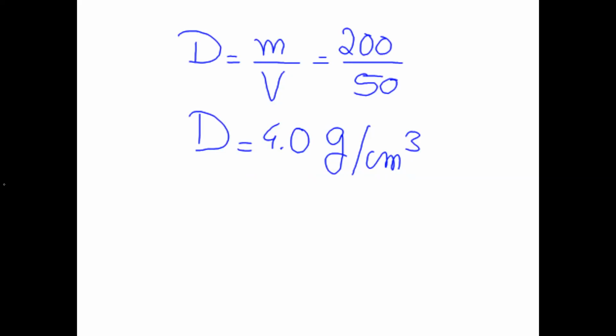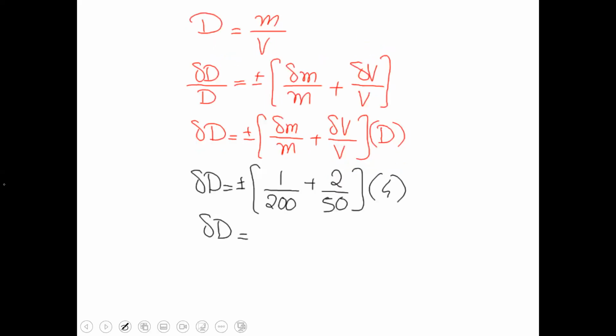First, compare the density. Is it matching? Yes, sir. Okay, density is 4. And then look at the working for density equals mass upon volume. And once we calculate the absolute uncertainty, what is the value of delta D coming up?